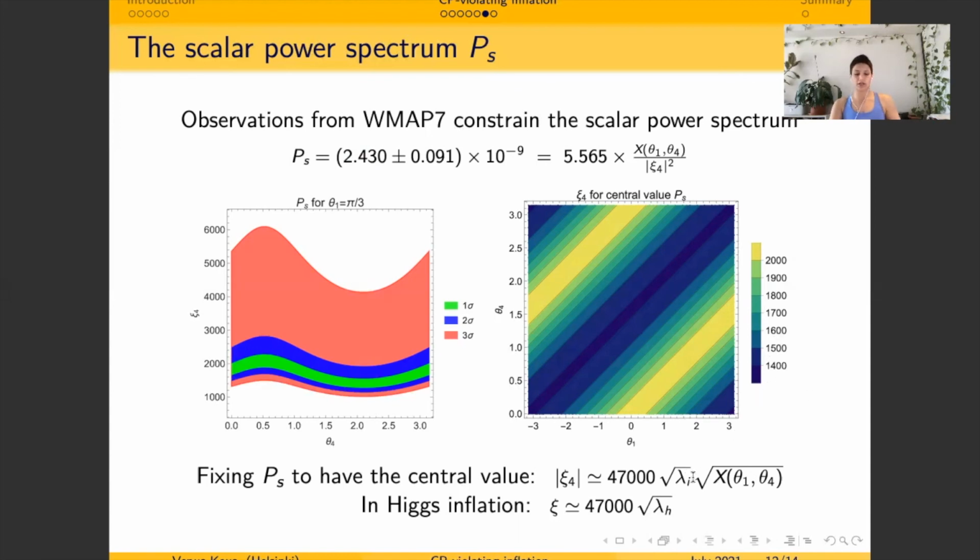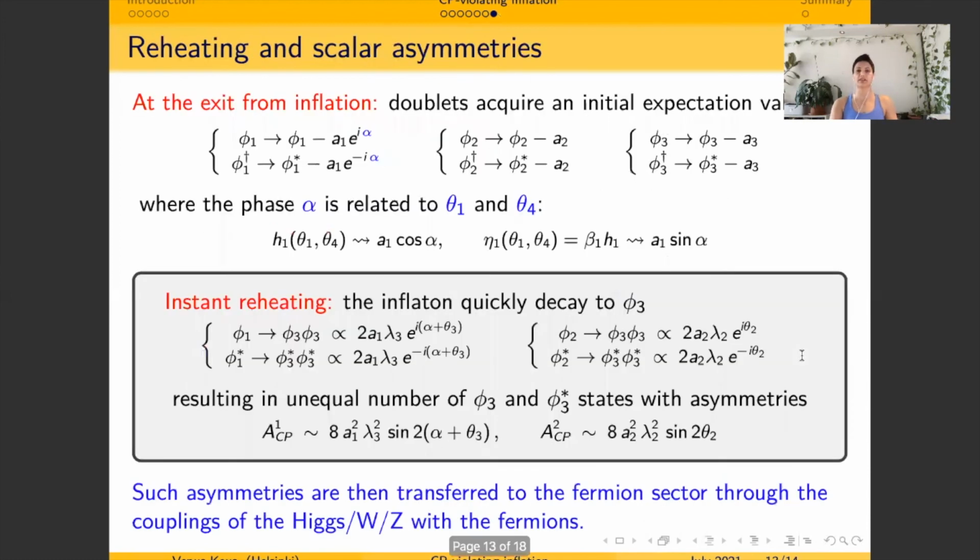Note that all experimental and theoretical constraints allow for my lambda I to be very small, of the order of 10 to the minus 20, 10 to the minus 10. And by changing these lambda I, my C4 could be as low as 1/6, which is the conformal value for C, but still predict exactly the central value for PS, which is the winning point of this scenario.